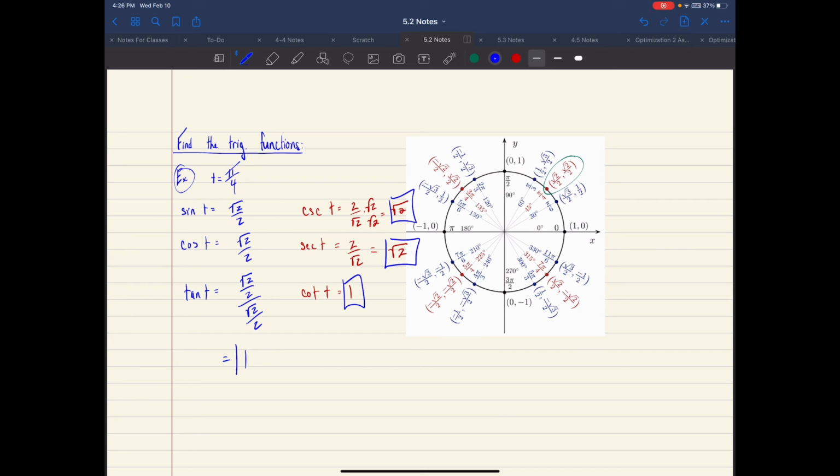And we're just putting boxes around these so that we can see what the values are. So if you're given an angle and it says find the trig functions, go to the unit circle, and sine is y, cosine is x, tangent is y over x, and then flip all those for the reciprocal functions.